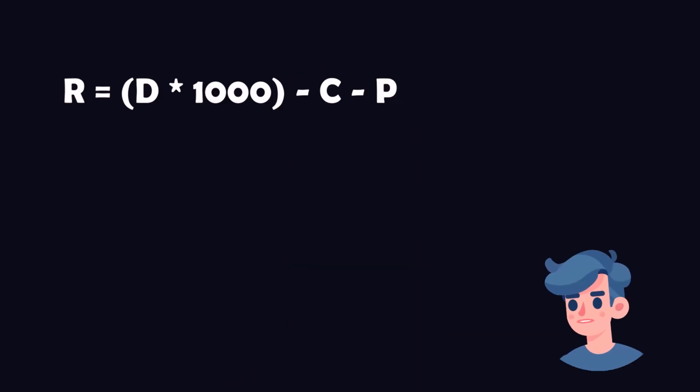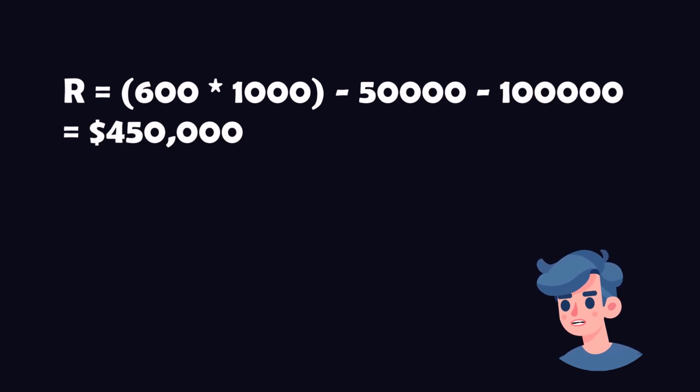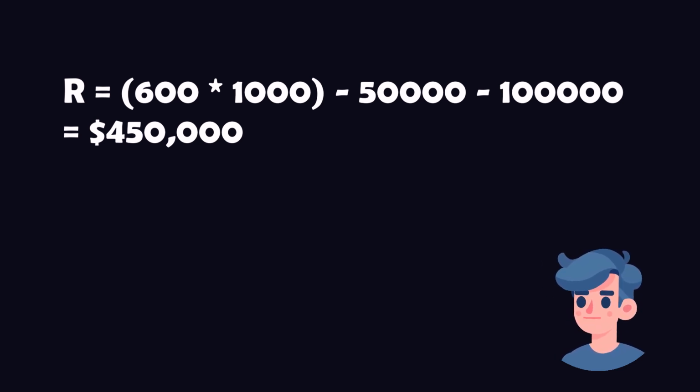Let's illustrate this with a simple mathematical model. Suppose sales revenue, R, depends on market demand, D, competition intensity, C, and production cost, P. We might formulate it as follows. In the best-case scenario, market demand could be 600 units, competition cost $50,000, and production cost $100,000.